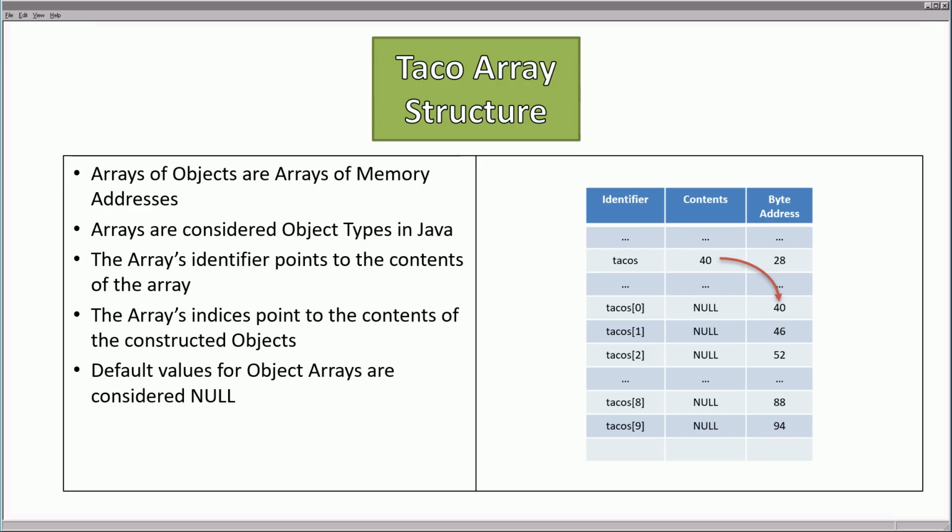The arrays only contain the reference to the object itself. Now, if we also remember back, arrays are considered class types inside of Java. So in fact, the identifier tacos will only hold a memory address that refers to the collection, the array of tacos. The default values for object arrays are considered null. So you'll notice here that each one of the taco elements has the null memory address.